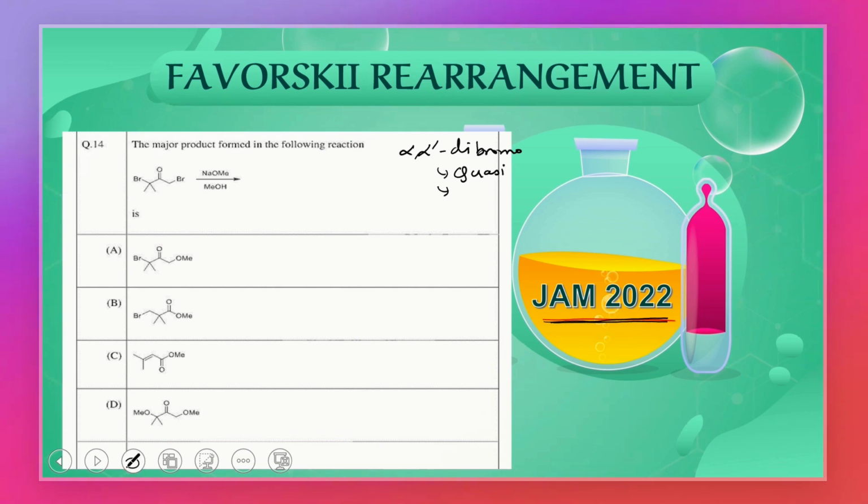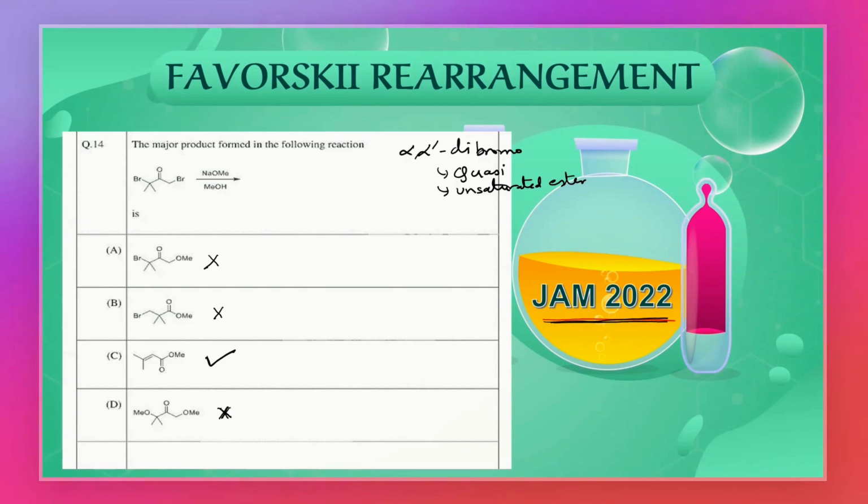So Quasi-Favorskii rearrangement gives rise to unsaturated ester. Now look into the four options. This is not at all an ester, so it's totally ruled out. This is not unsaturated. This is also not unsaturated. This is not at all an ester. So the only unsaturated ester given is option C. Therefore, C is the answer. Straight away, we didn't do any mechanism, nothing.